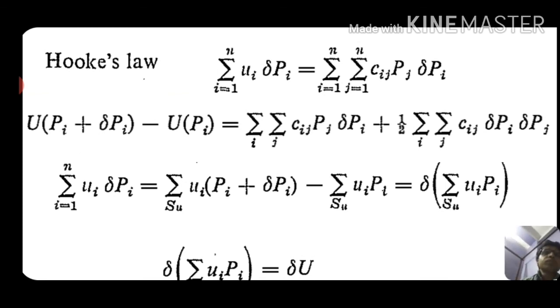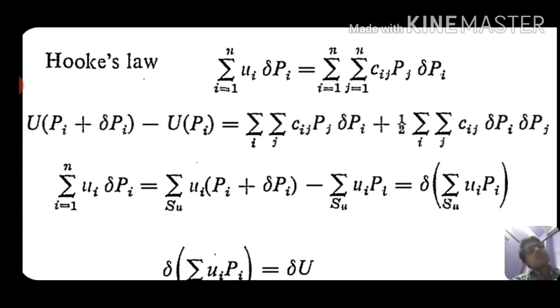So therefore, let us give the last term a different expression. Consider the strain energy U of Pi given by equation 3 and the difference U of Pi plus delta Pi minus U of Pi, equal to the summation of Cij Pj delta Pi plus half the summation of Cij delta Pi delta Pj.